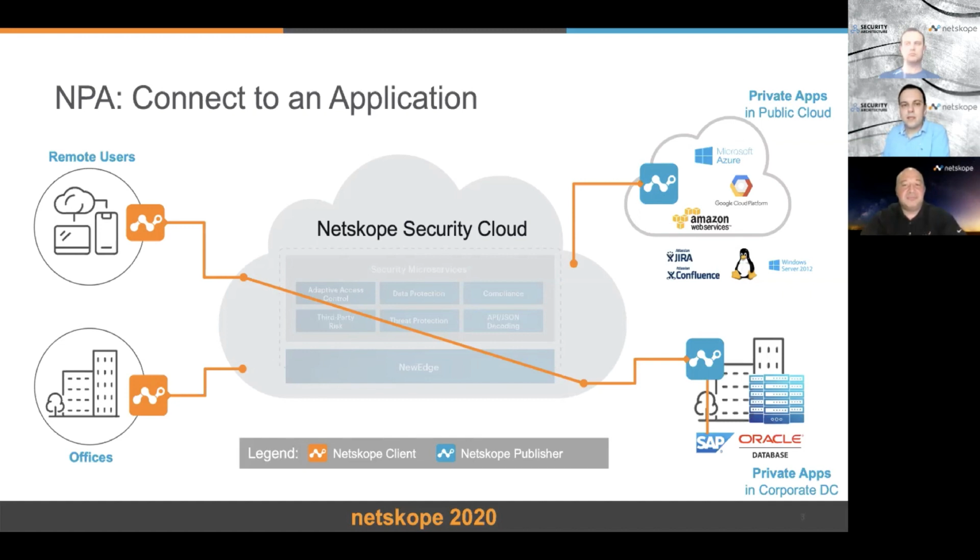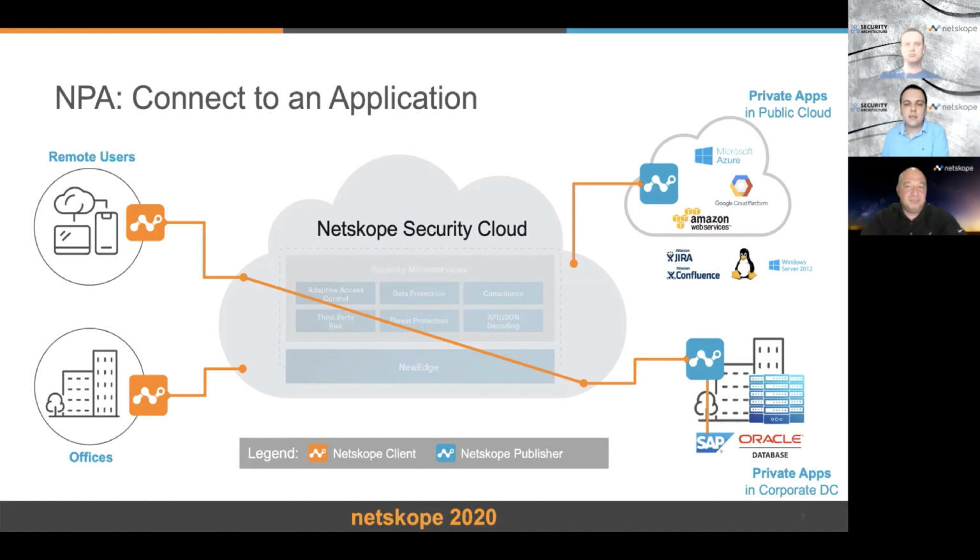But once I deploy the publisher, no other traffic will flow through this publisher, even if it's in the public domain, right? Yeah, it doesn't matter where the publisher lives, right? The publisher is establishing connection to Netskope Cloud, and the only traffic that will come via this tunnel to the publisher is whatever gateway is going to send there based upon the policy entitlements of the user.